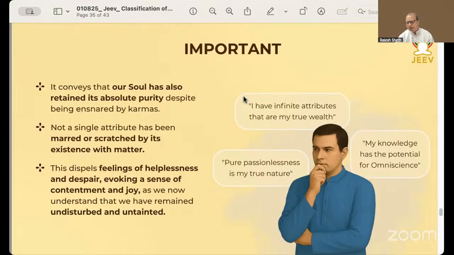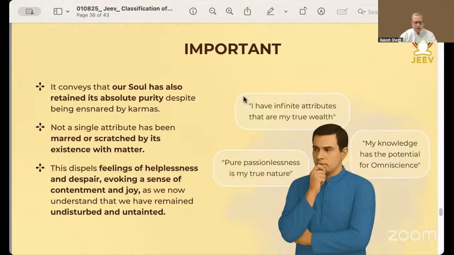But since we have got a PowerPoint presentation, we chose to share this PowerPoint presentation on this conventional viewpoint. There were 4 divisions of conventional viewpoint. Number 1, figurative, non-existent, conventional point of view.